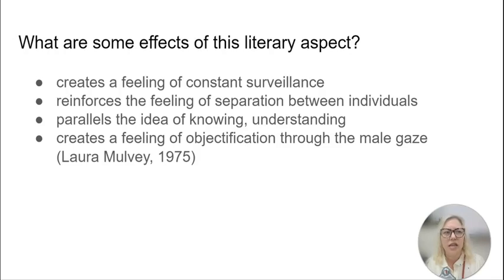So the idea is that in a lot of narratives, the story is told through a male perspective, and oftentimes the male looks at a female as an object. And so the female is reduced from a human with complex thoughts and ideas with multiple dimensions, and becomes really just kind of a vehicle to further the male with whatever he's doing as a character in this movie or story.